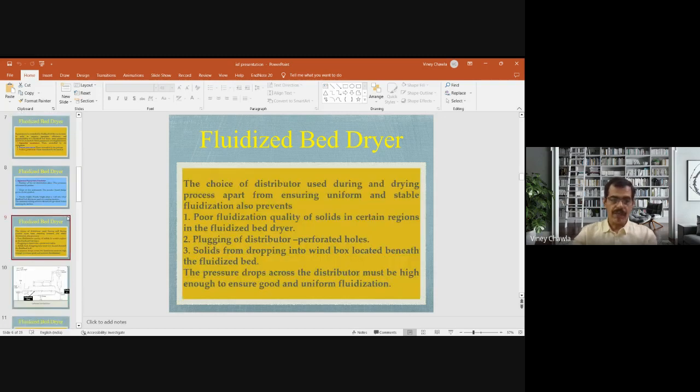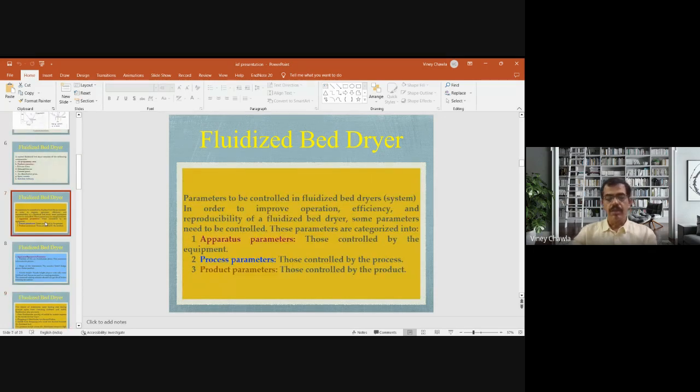Now, moving further, there are certain parameters which need to be controlled in fluidized bed dryers so that we can get improved operation efficiency and reproducibility. We can classify these into three main categories. One is apparatus parameters, those which are controlled by the equipment.